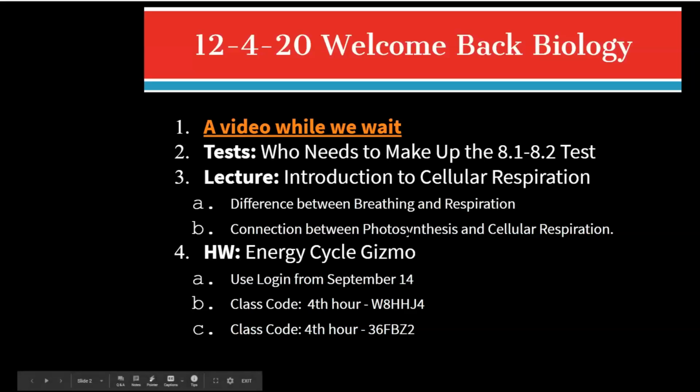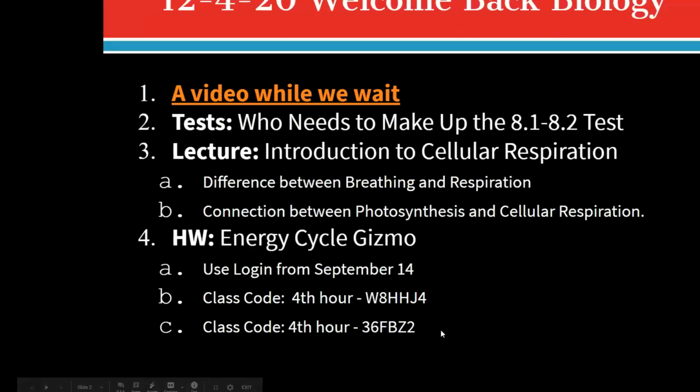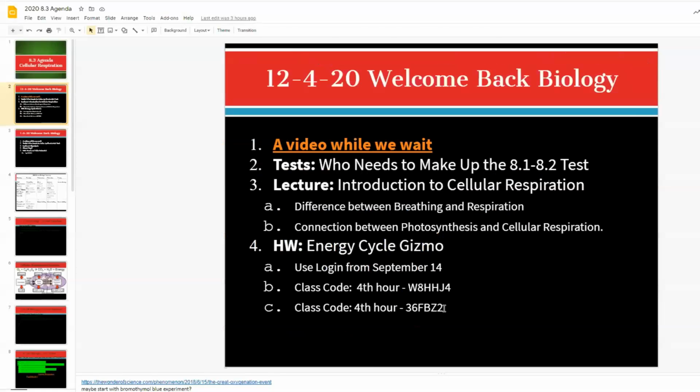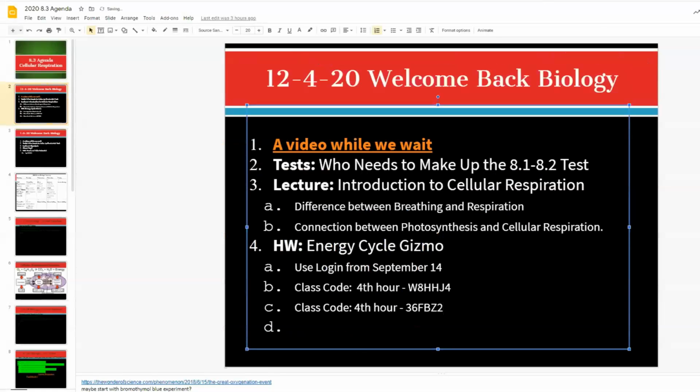So today it's a different gizmo, but we need that login. And then I need to add a number 5. We're going to do test corrections this time around. I haven't done those with you yet. So I need to add that to our calendar. And I'll tell you more about the test corrections at the end of lecture.